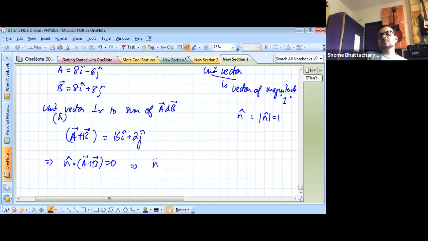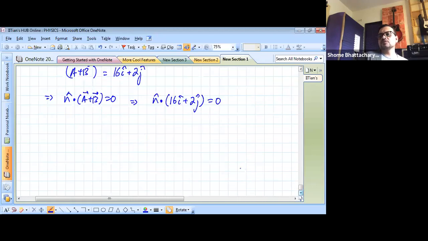That means n cap's dot product with 16i cap plus 2j cap should be 0. So next thing we will do is we'll check the options. Or we can, let us say n cap is some x i cap plus y j cap, where x and y we want to calculate.